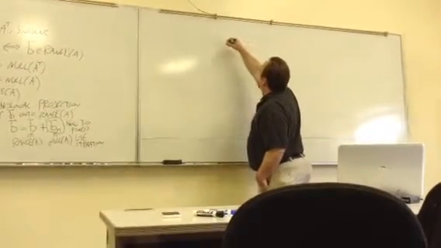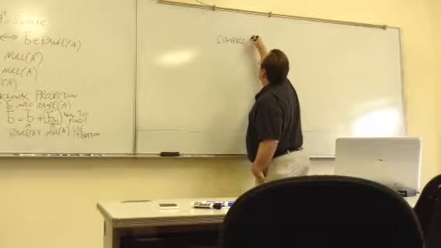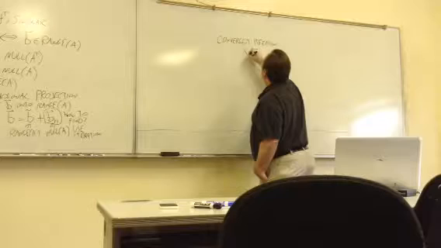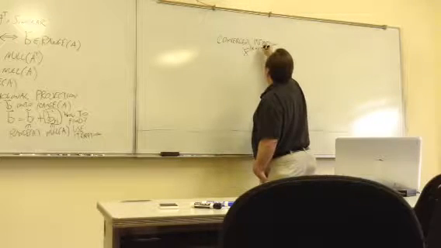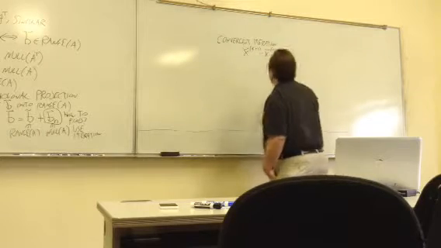Okay, because when you have a convergent iteration, the difference between iterates, xk plus 1 minus xk, should be converging to 0.